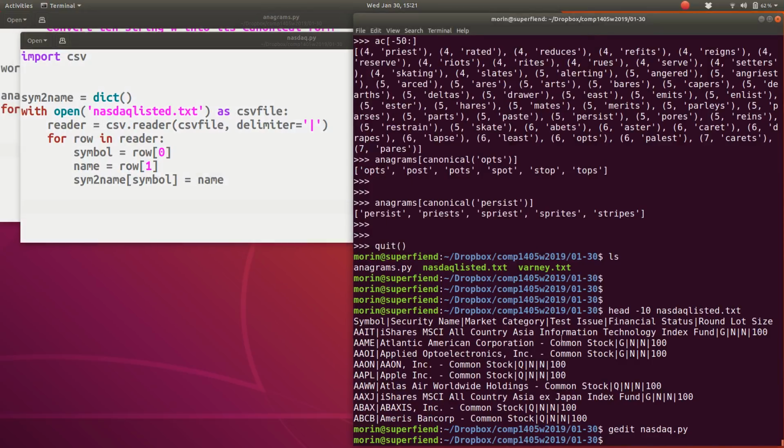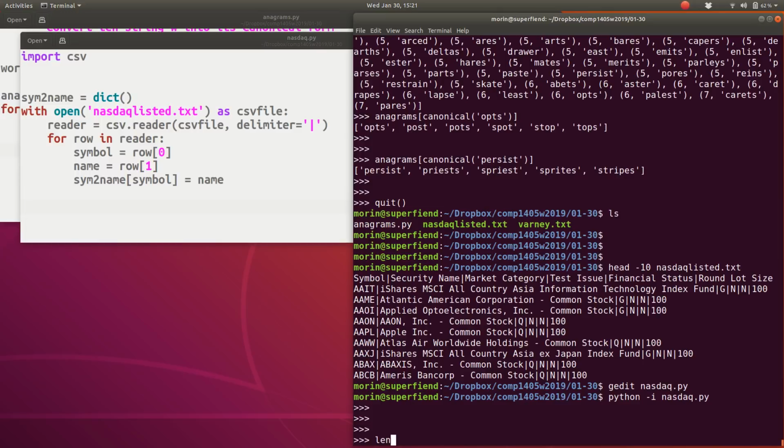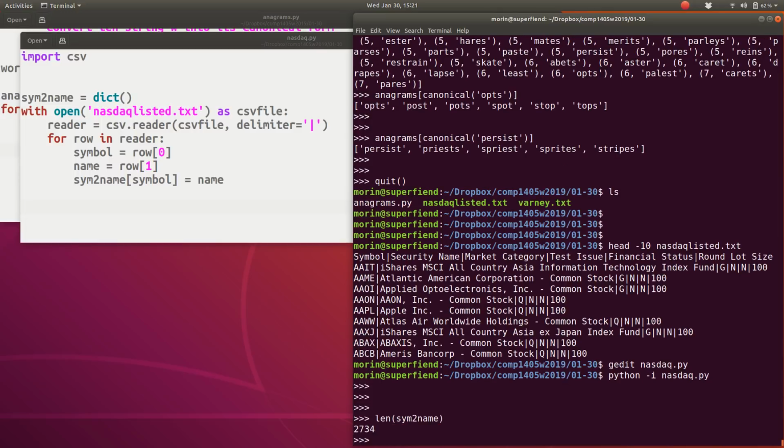Let's see if that works. All right, so I have something here called symbol to name. It has 2,734 entries, and let's see if we can look something up.